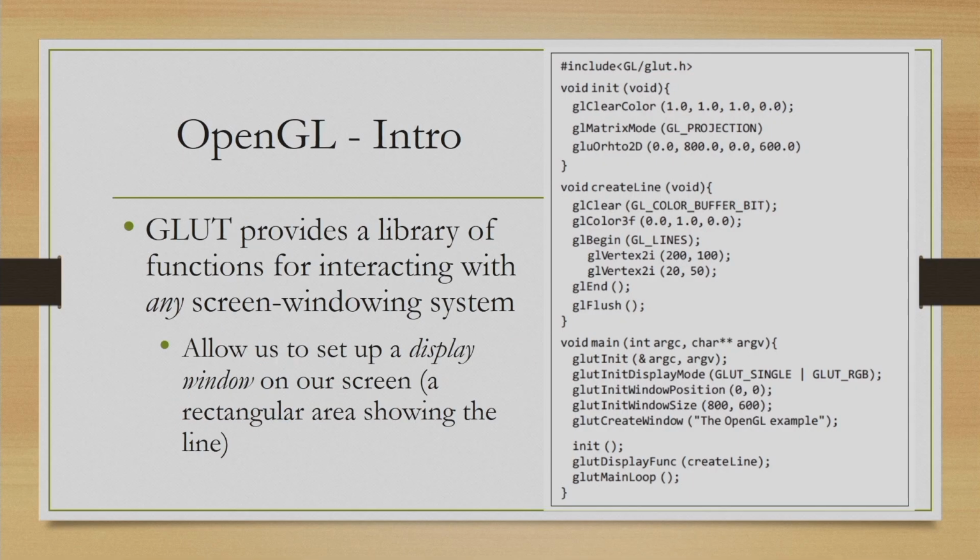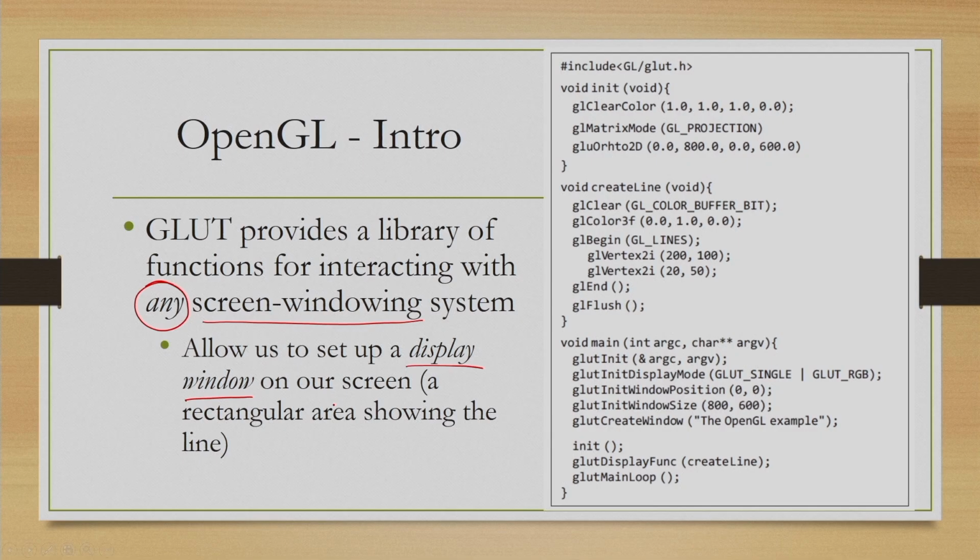Now, GLUT provides a library of functions for interacting with any screen windowing system, essentially any display device, and it allows us to set up a display window on our screen.